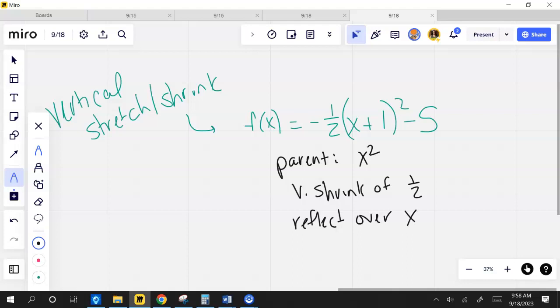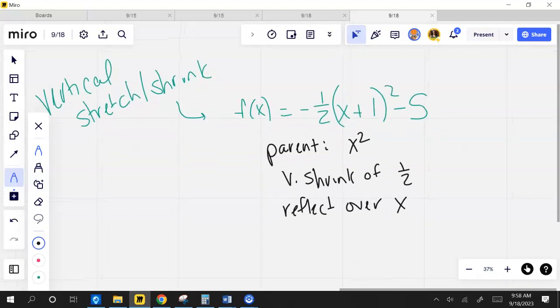Yeah, this is kind of what we did Friday, and then we'll pull in what else? What else? Left how many?